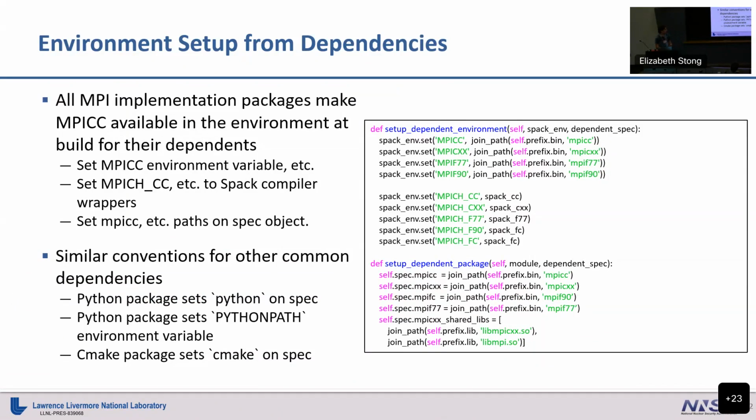One thing is we need some way to get the location of the compiler wrappers, because you're going to need to inject those compiler wrappers. Most build systems are going to need to read those compiler wrappers to be able to understand what to do with MPI. Then additionally, we have to set some variables to tell the MPI compiler wrappers to use the Spack compiler wrappers. Because I mentioned earlier, we wrap the compilers, so we have to set MPICH_CC and friends to accomplish that.